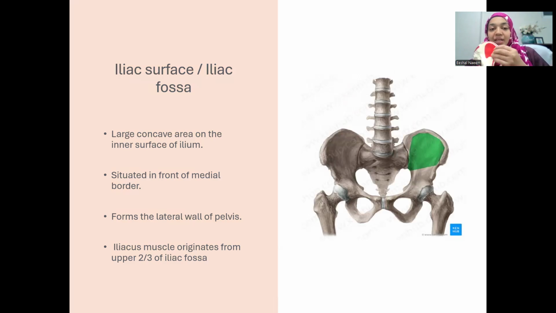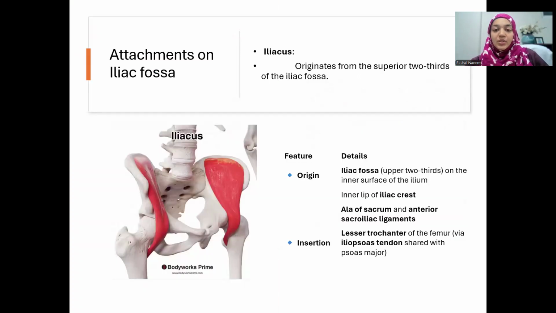Moving on, this was the iliac fossa. It was a large concave area on the inner surface of the ilium and it was forming the lateral wall of the pelvis. The iliacus muscle originates from the upper two-thirds of this iliac fossa. Some of it was originating from the inner lip of the iliac crest, and some of it from the ala of sacrum and anterior sacroiliac ligaments.